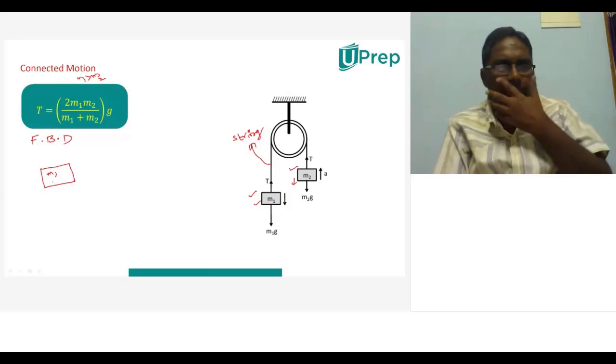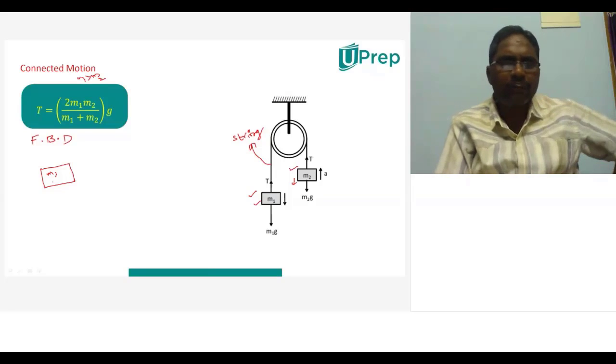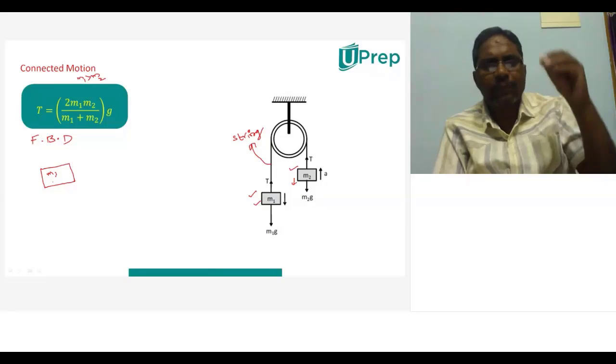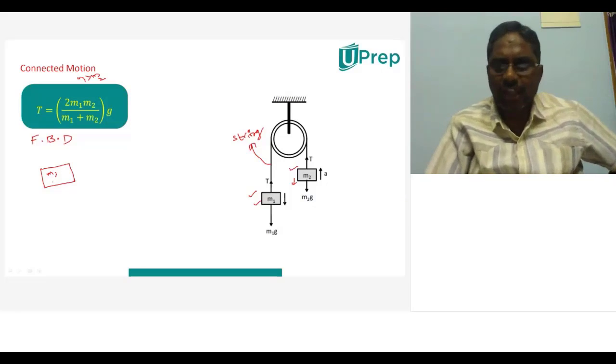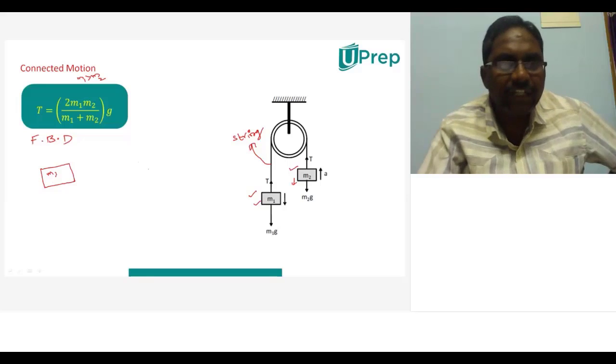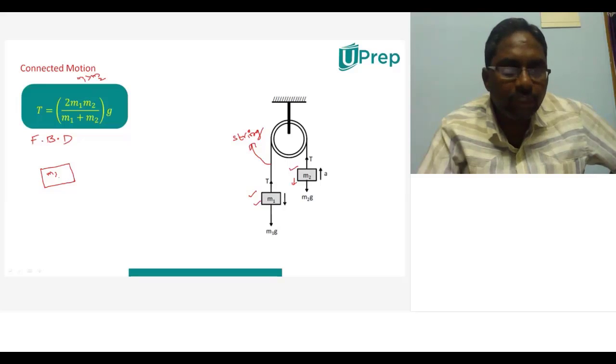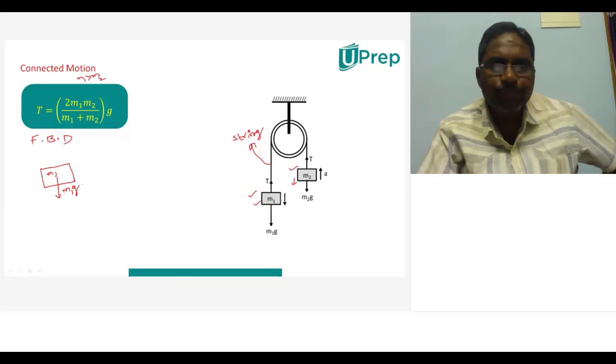Downward direction. Very good. Whenever you are drawing a free body diagram, you have to think about weight first, and weight will act in the downward direction, like this.